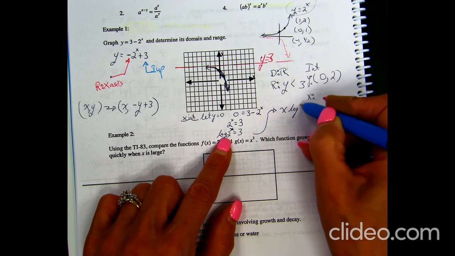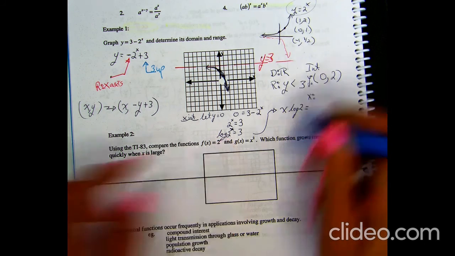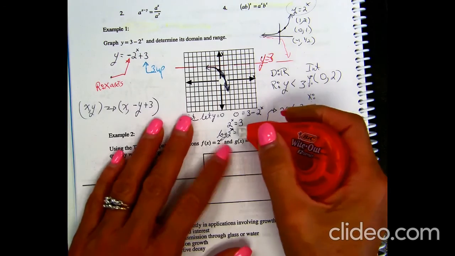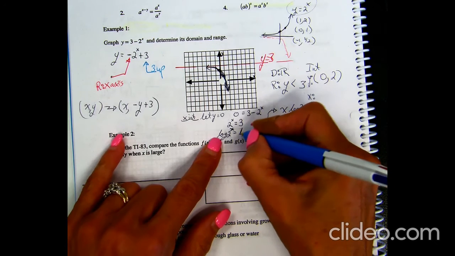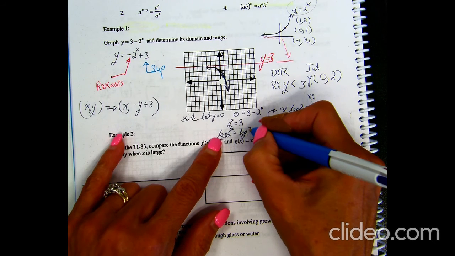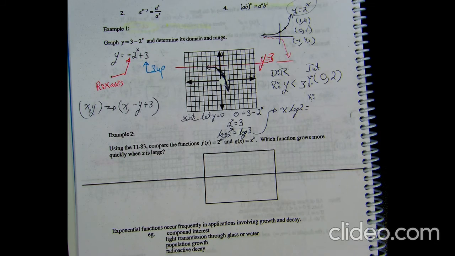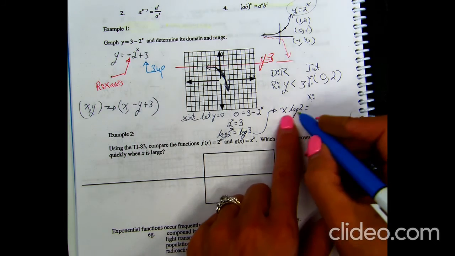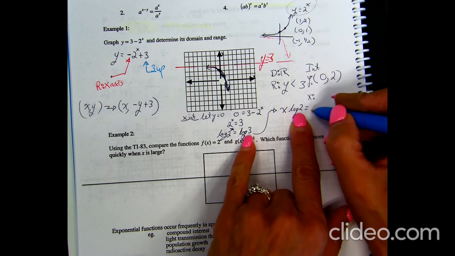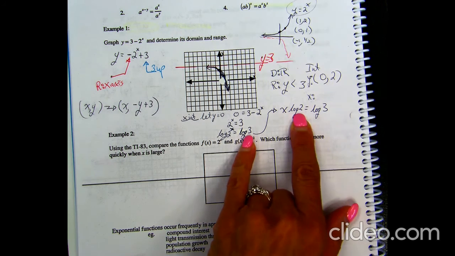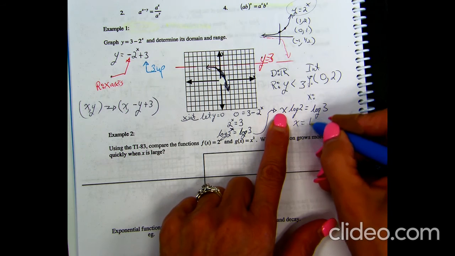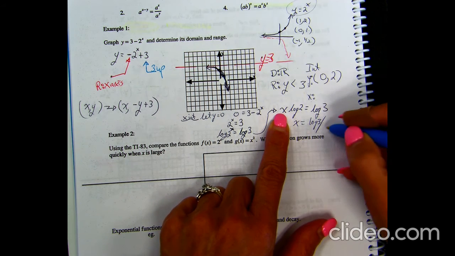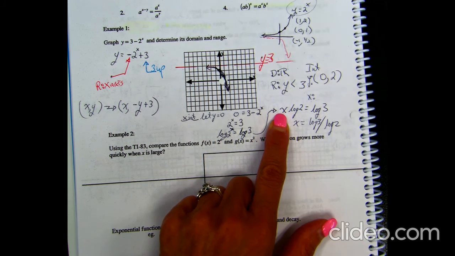X times the log of 2 is equal to, oh my goodness, I took the log of 2 to the x, which means I did the same thing to the other side of the equation. Just a little spill. Okay, so x log 2 would equal log 3. Solving that for x, I get x is equal to the log of 3 over the log of 2.